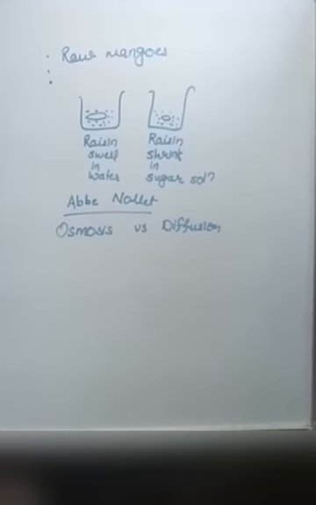And these particles, both the solvent and solute, move together from higher concentration to lower concentration of solute. So here in osmosis only solvent particles move. Here we will see what the actual difference is.